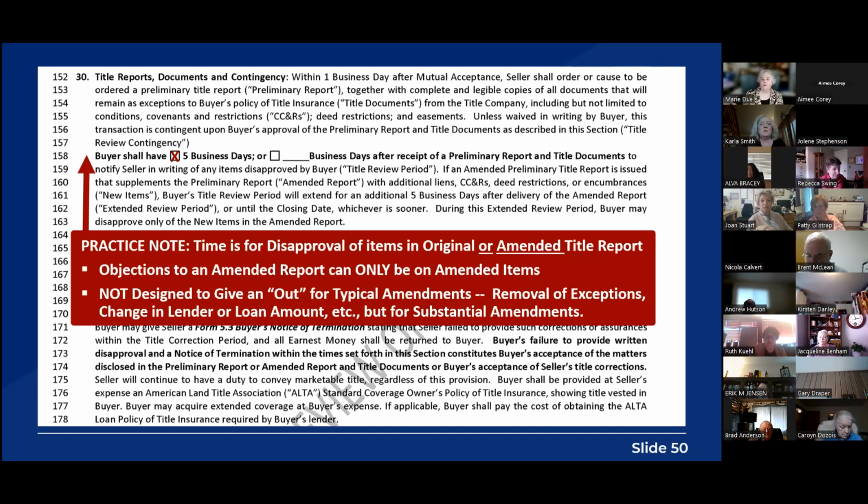Nobody could tell us who could be paid. I mean, we were all willing to pay the $100 some odd to take it away, but it had to go to a judge to get that removed. That killed that transaction, because the seller could not fix it right away. It took them like 6 months to get it resolved. But that is a substantial amendment that came up on the amended return of the title report, and that would be something you could use.